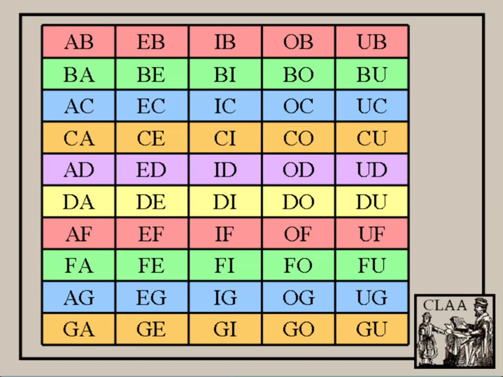After this lesson, you should be able to read and spell any of these syllables. You should have your mother or your father or one of your brothers or sisters quiz you on reading and spelling these syllables. If you get some wrong, just go back to your old lessons and review.